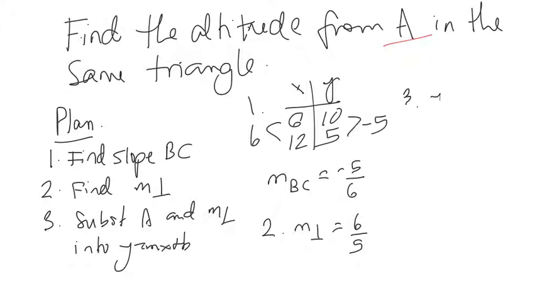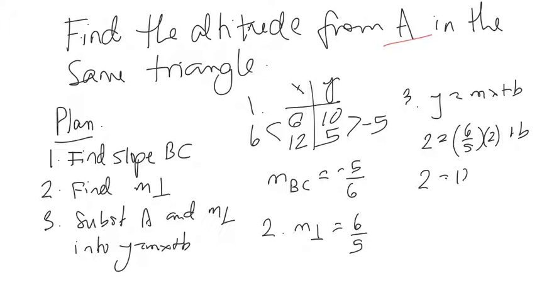And then the last step is, I'm going to substitute into y equals mx plus b. I'm going to substitute the point 2, 2, so y is 2. The slope is this guy, 6 over 5. X is 2, and b I'm trying to work out. If I do my multiplication, I have 2 equals 12 divided by 5 plus b.